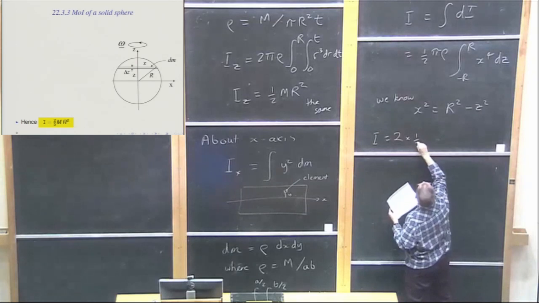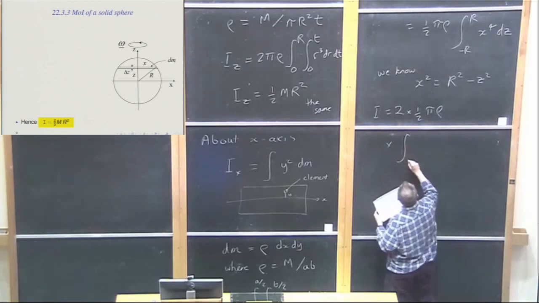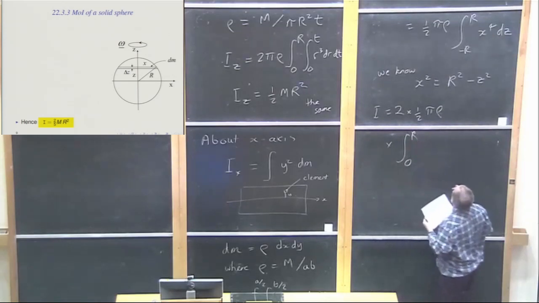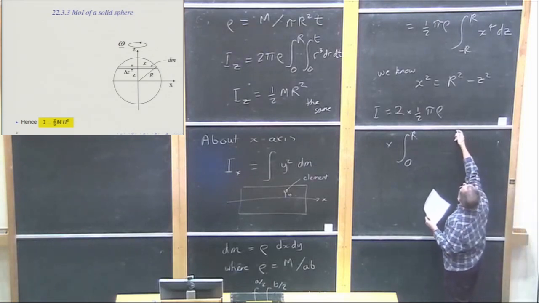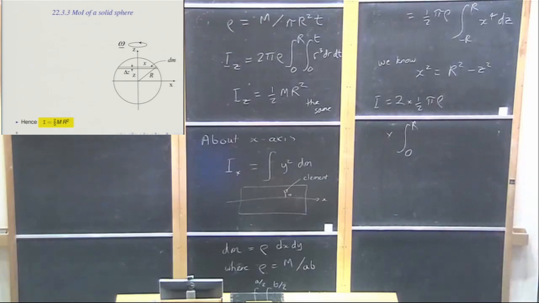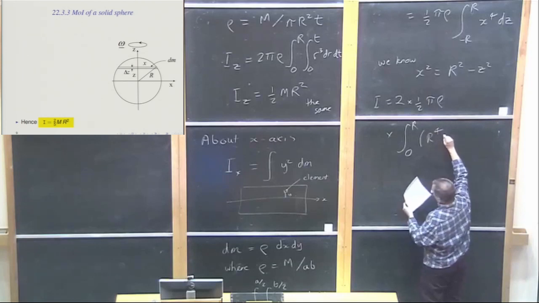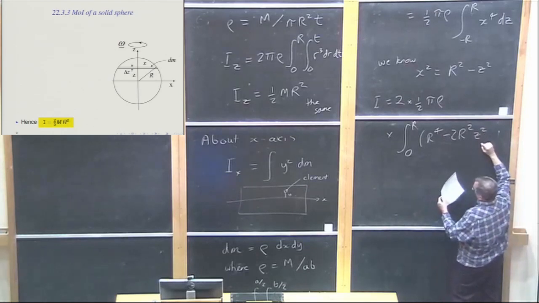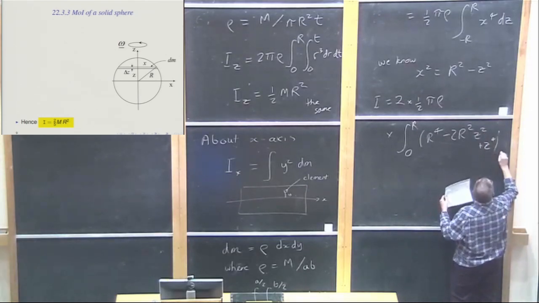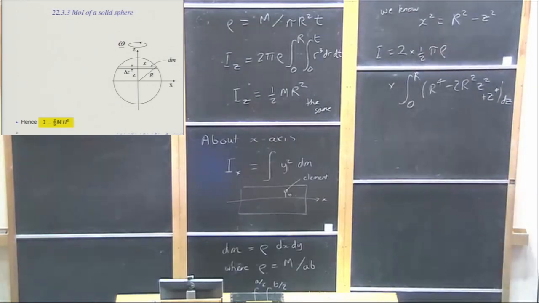So times a half pi rho, times the integral from 0 to big R. Then I substitute x squared in, but I need x to the 4, so all of this squared is R to the 4 minus 2R squared z squared plus z to the 4, dz. Now we have an integral involving just z, so this is something we can do.